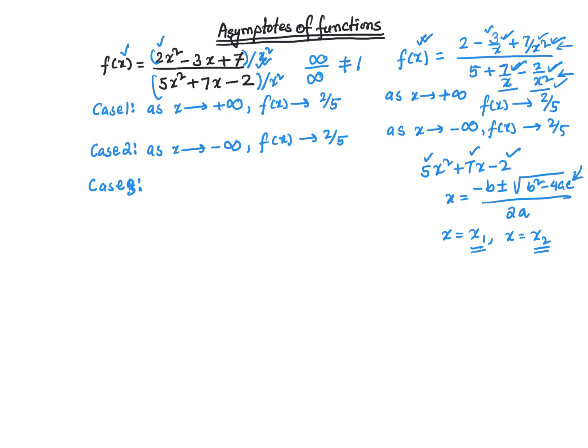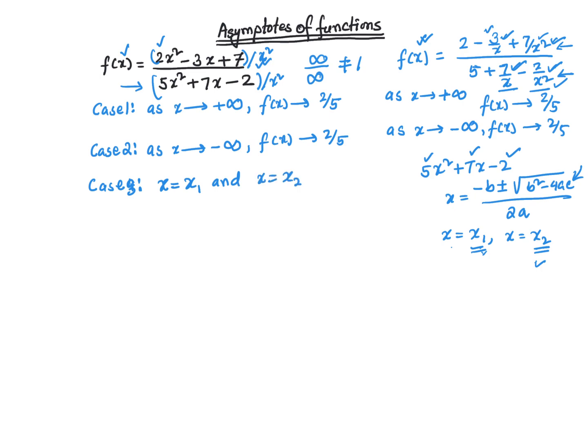In that case, the denominator is going to be 0 when x is equal to x1, and the denominator is going to be 0 when x is equal to x2. In those cases, you will have vertical asymptotes. So vertical asymptotes are going to be at x is equal to x1 and at x is equal to x2.